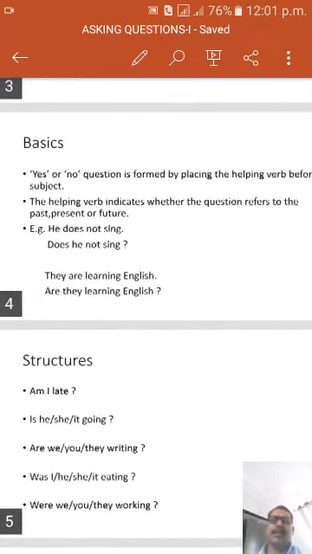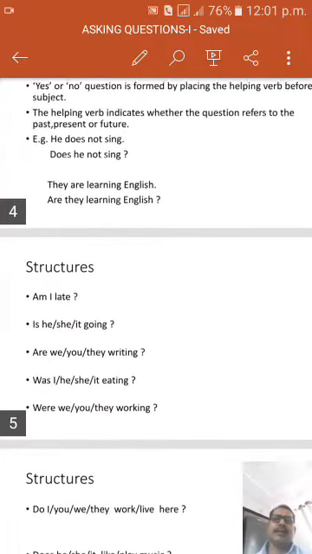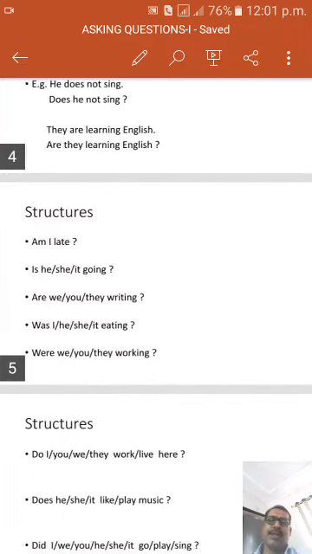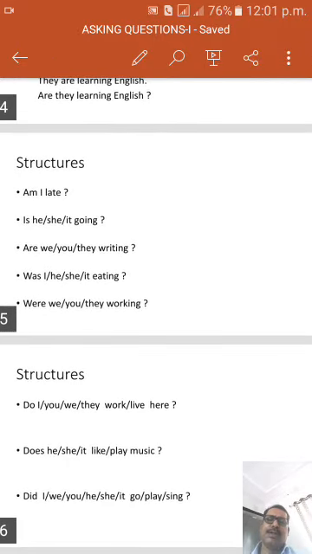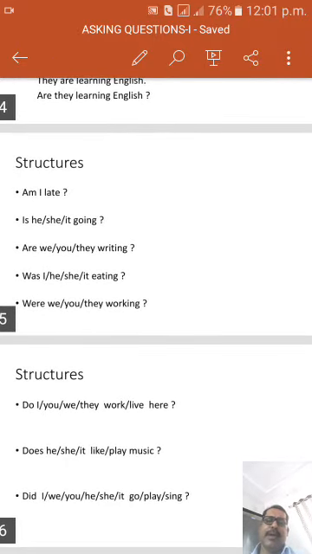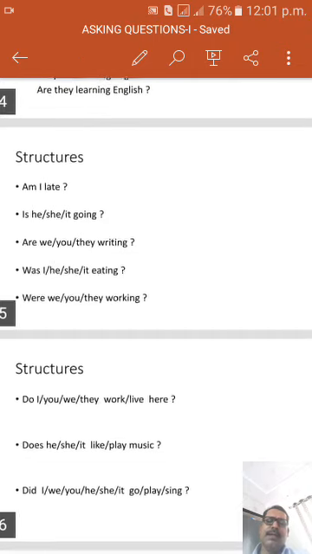In the next slide we have these structures, questions that begin with helping verbs like am, is, are, was, were, do, does, did, like that.